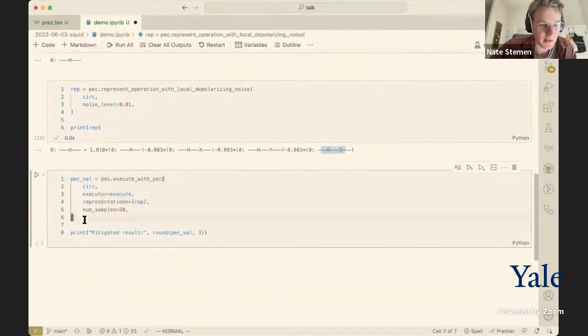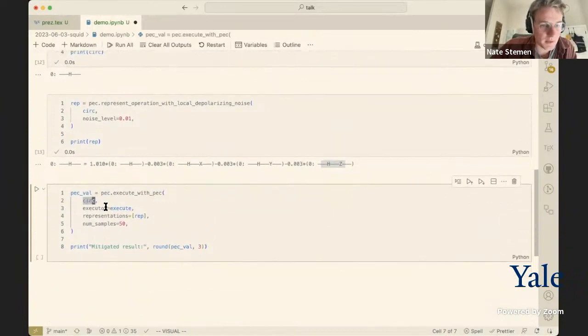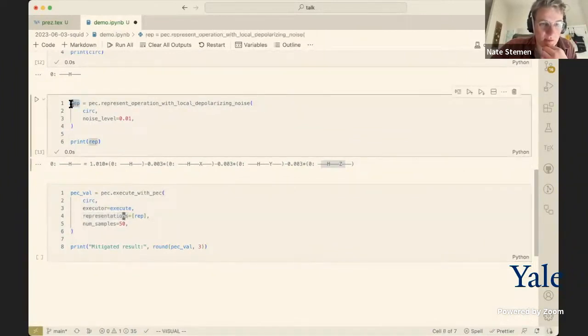And so then we can ask to execute with PEC. We're going to pass our circ, which is the Hadamard gate. We're going to tell it the execute function, which has the noise built into it. The representations are the ones that I had Mitiq build for me. If you have a more complicated machine, you probably don't want to just use the built-in things that we have. These are just for testing, but it is a good starting point.